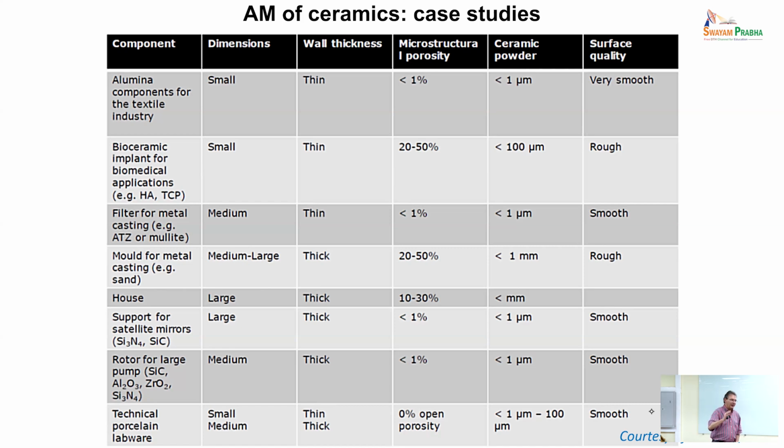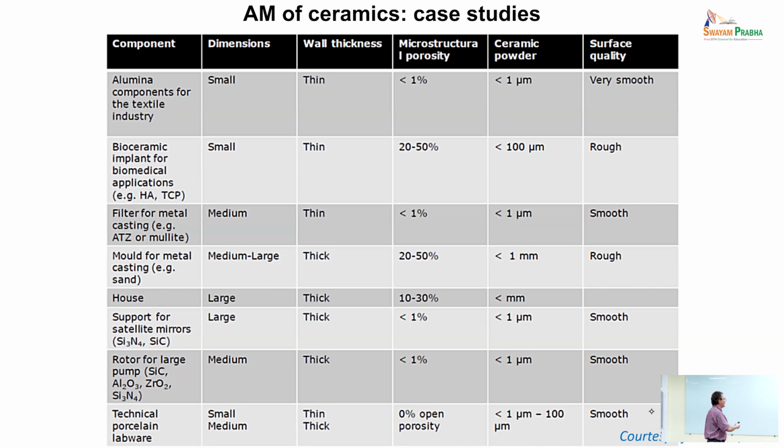So the main message today is that I would like to recognize that each technology has advantages and disadvantages, and you need to be aware of that. You shouldn't think that, okay, I want to make the shape, I can do it best with any type of technology, because that's not the case.